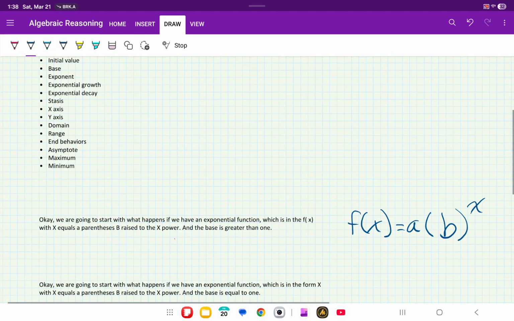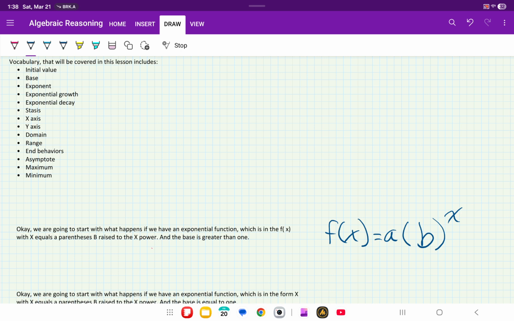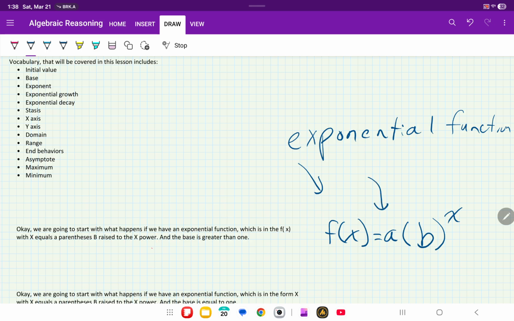This is our exponential function, and a is our initial value. How I teach this to my students is I say, your initials begin at the beginning of your name, so it's what we begin with. b is our base, and x is our exponent.